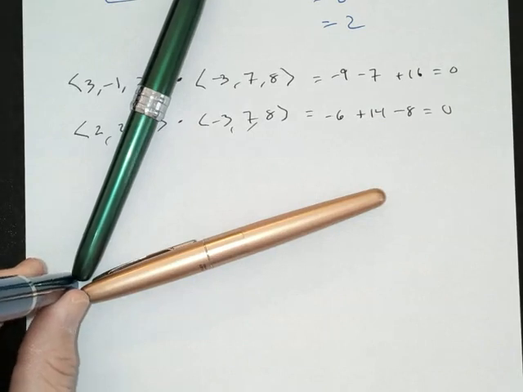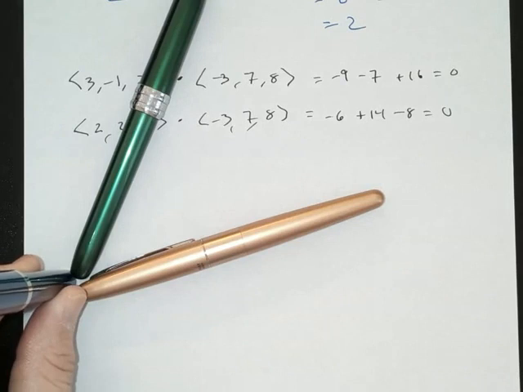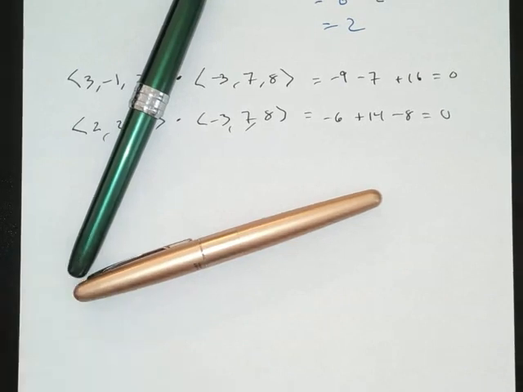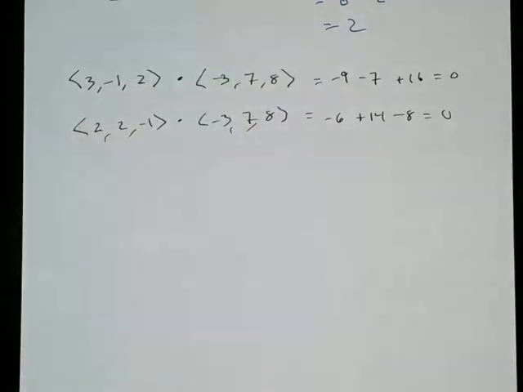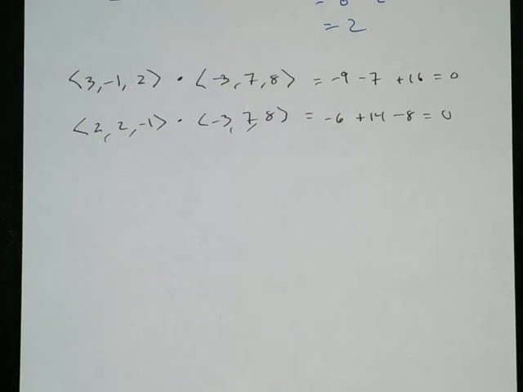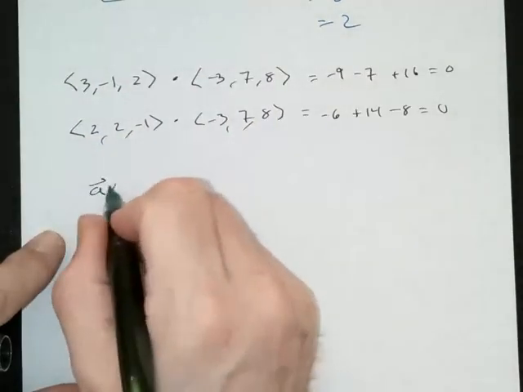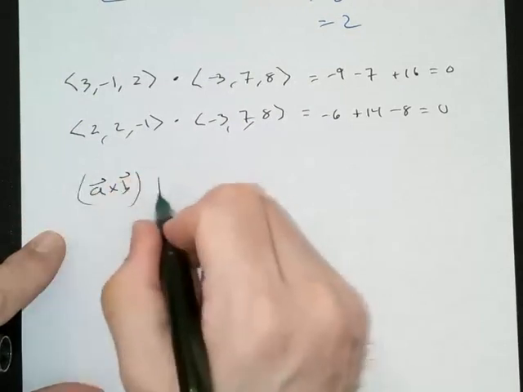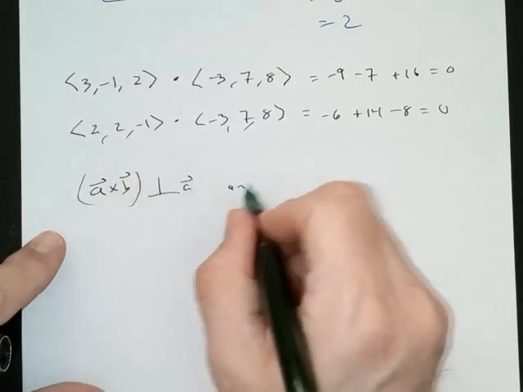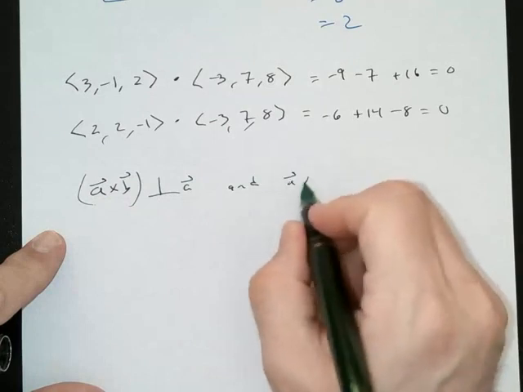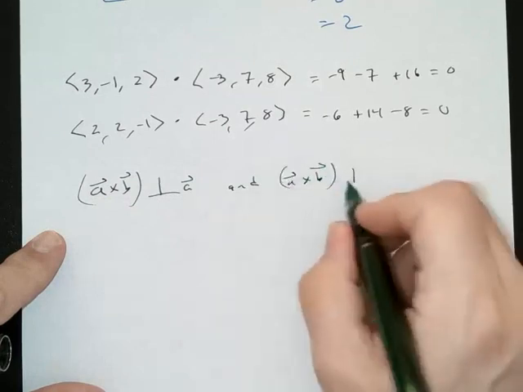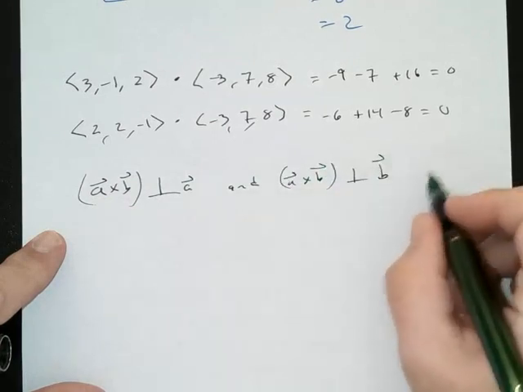Something coming straight out of the page at you. Right? So it turns out that this is true all the time, and that the vector A cross B is perpendicular to A, and the vector A cross B is perpendicular to B.